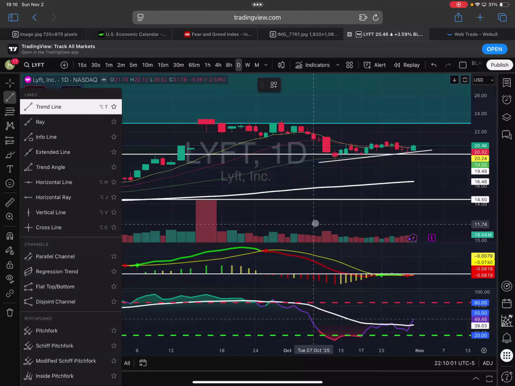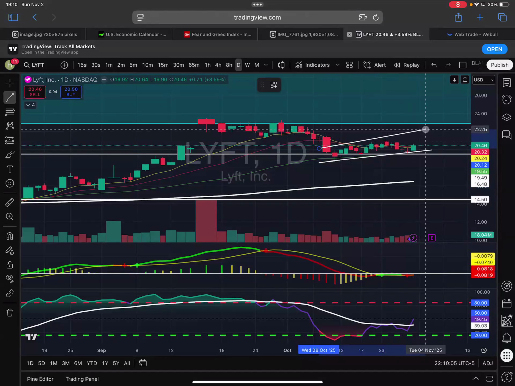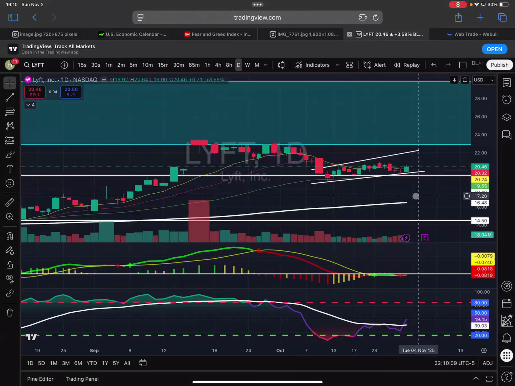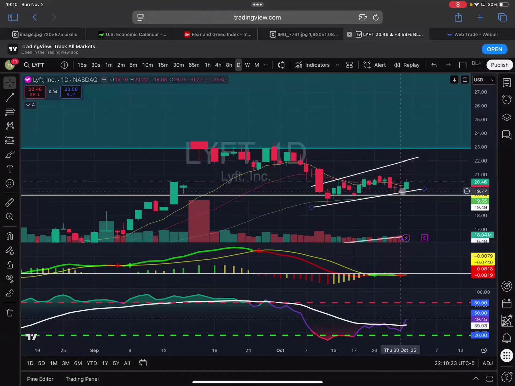It's on the up and up. Right? It's on the up and up. So we have a high, we have a low and a high. We have a higher low and a slightly higher high. Okay, slightly higher high. Then we have another higher low right here.